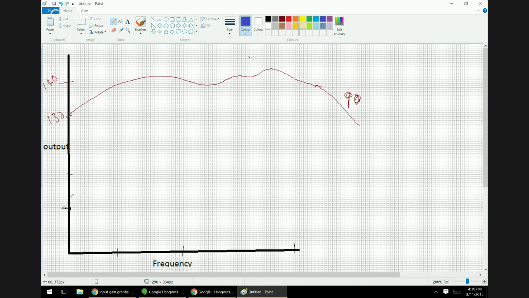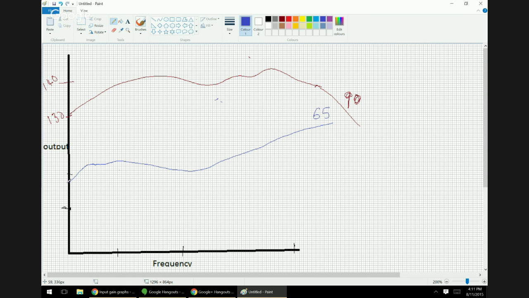So let's put 60 dB, the output here. Maybe it's a hearing loss which has a bit of a high frequency drop. You have to denote, of course, the input level. So let's say that's 65.